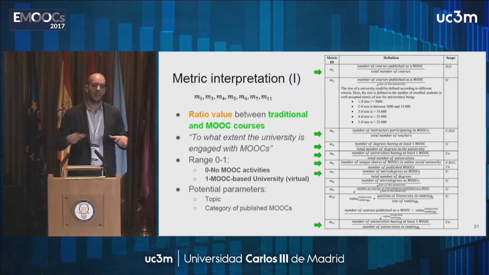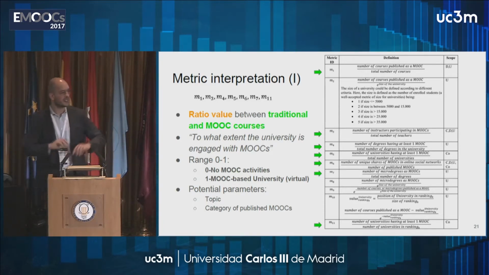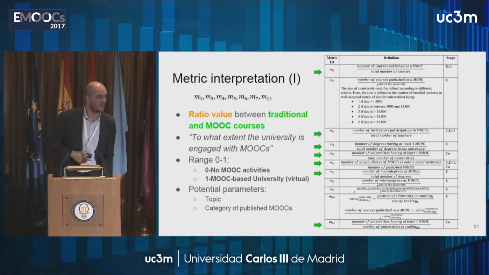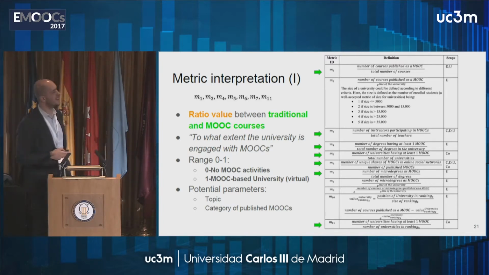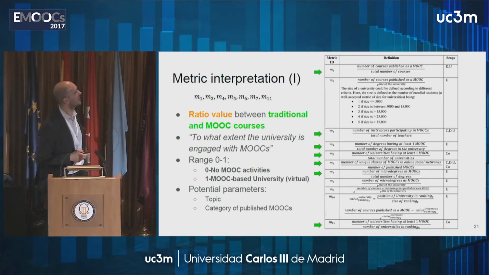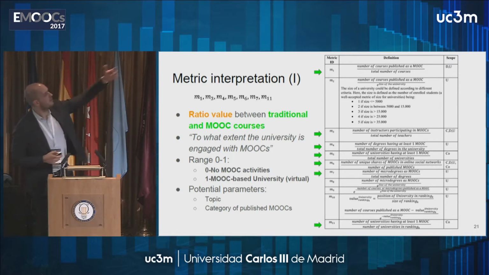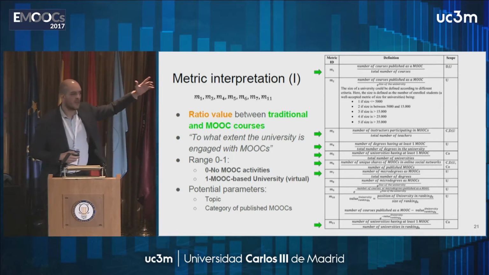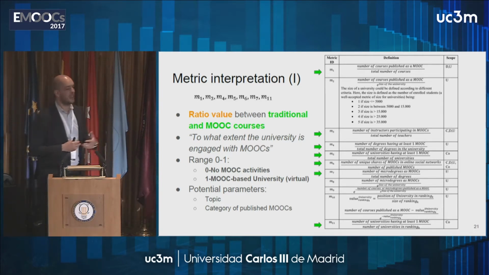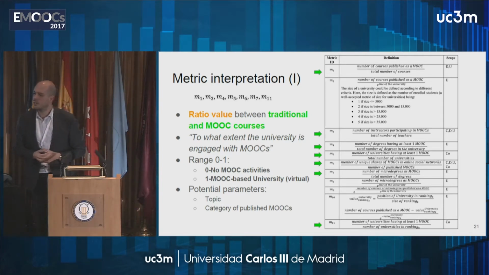Let's say, physical commodities, lectures, even person. Maybe there's a robot teaching the courses. So we can customize these metrics using different parameters like the topic or the category in which the MOOC is being published.